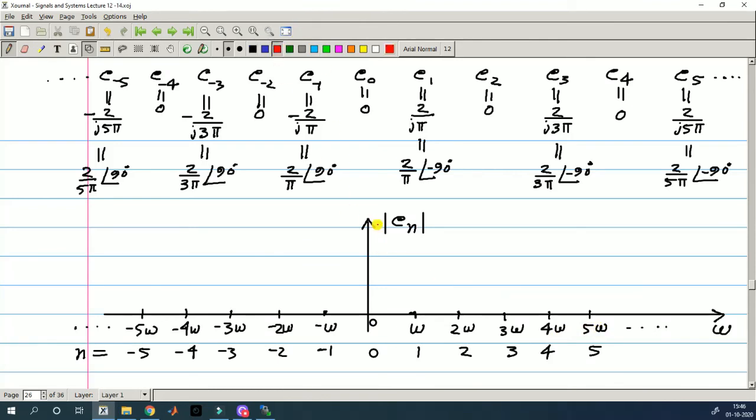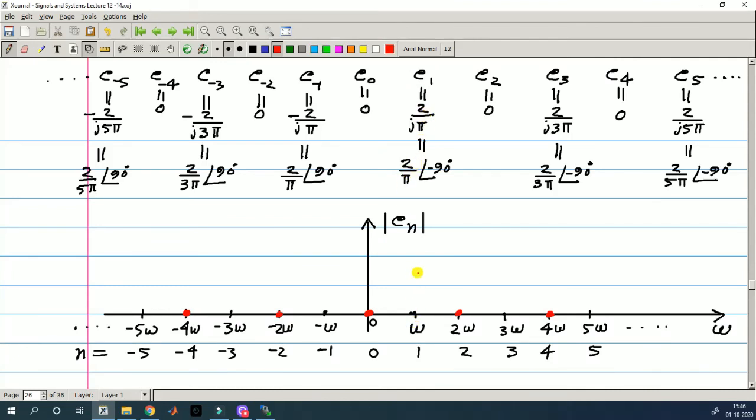Now C0 is 0, so we will plot 0 here. Then also C2, C4, C minus 2, minus 4, they are all 0. So at n equal to 2, 4, minus 2, minus 4, we will plot 0. Then C1 has a magnitude of 2 by pi.